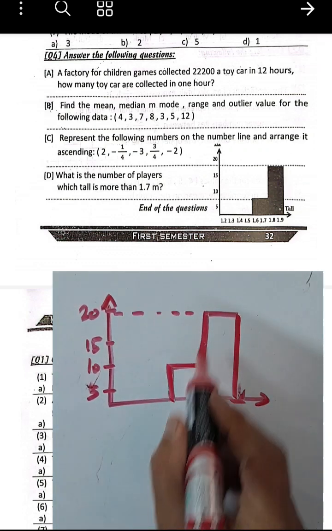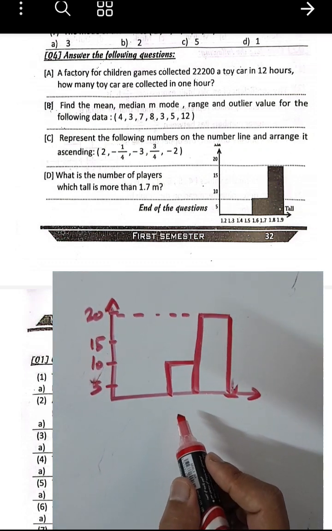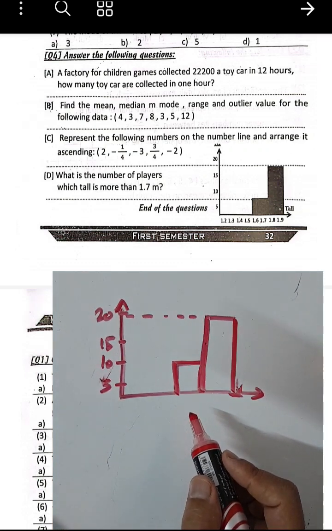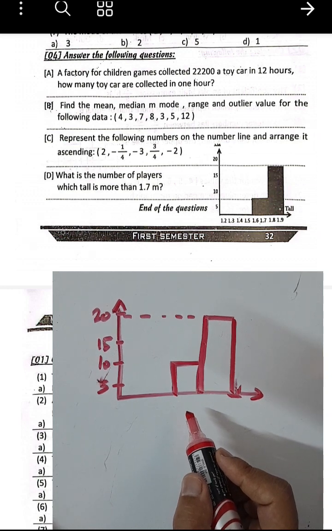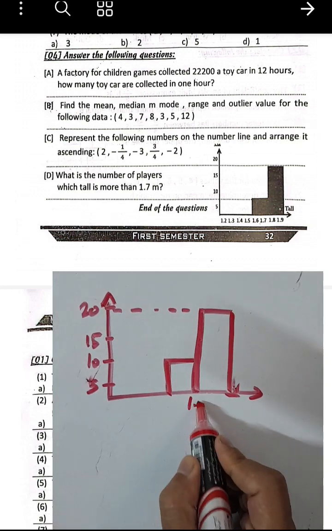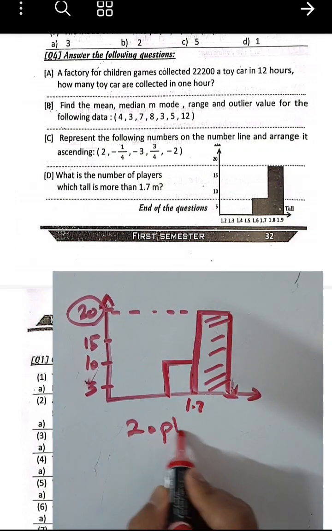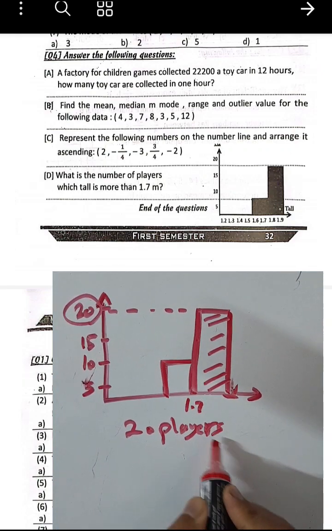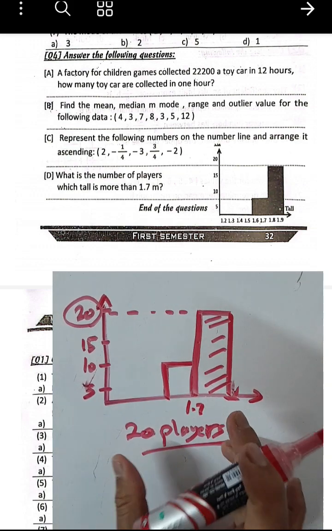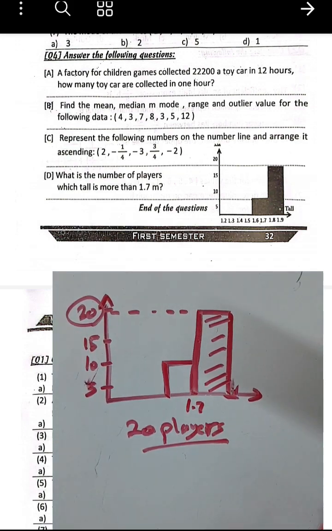So the result will be 20, because you want to find the number of players whose total is more than 17. We will choose this interval. The result will be 20 players. Okay, if you give your example here, you must do it by these steps.